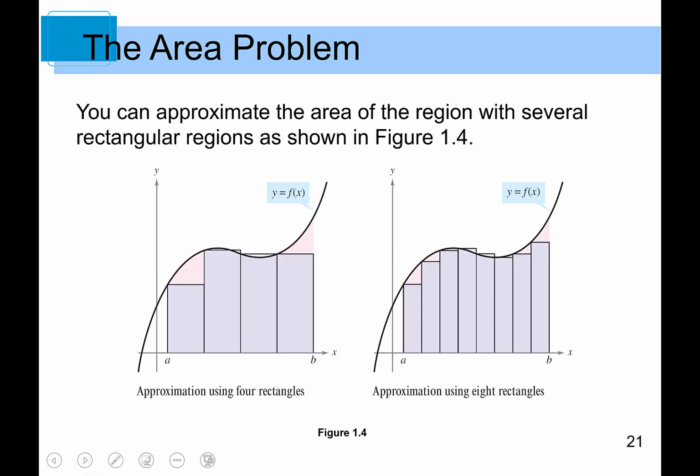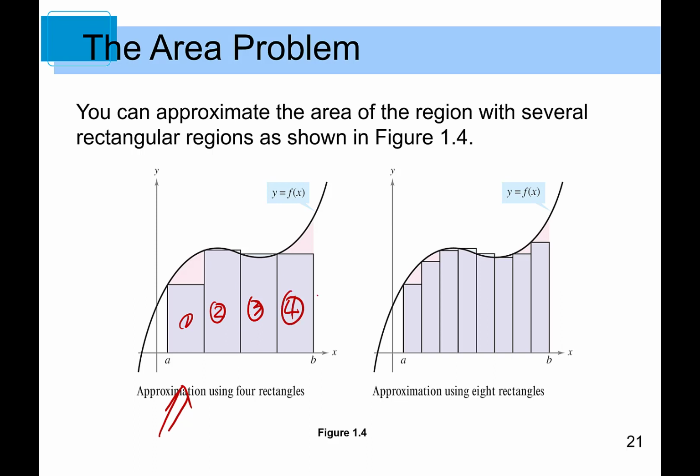In this case, a lot of mathematicians try to use different methods to approximate the area under the curve. One of the methods uses rectangular regions. They separate the shaded region in pink into different amounts of rectangular regions. In this case, the first graph gives us the first rectangle, second rectangle, third one, fourth one.